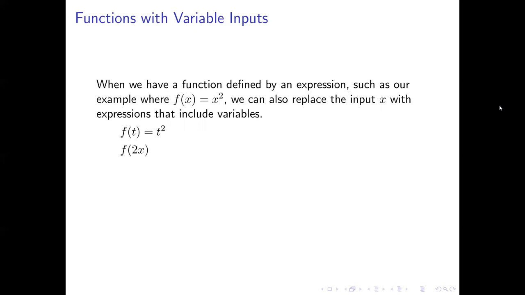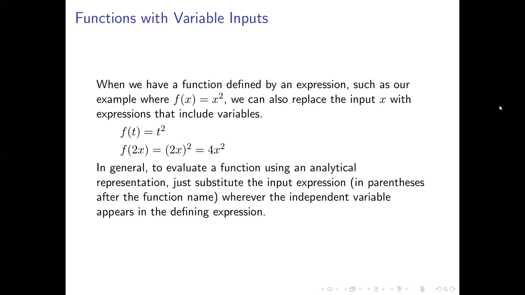And now we can go back to our equation that defines our function, and wherever we have x, we'll replace it with 2x. And then we can do whatever arithmetic or algebra we want to do. Raising 2x to the power 2 can be written as 4x squared if we want. So symbolically, all that's happening here is a kind of substitution. Whatever appears in parentheses after the function symbol goes in the place of the independent variable in the expression that defines our function. Here, that expression is x squared.